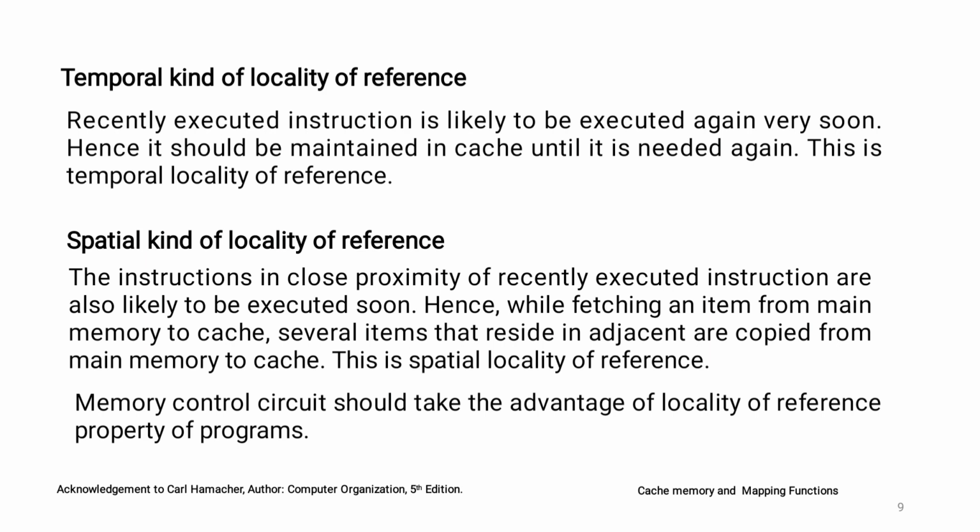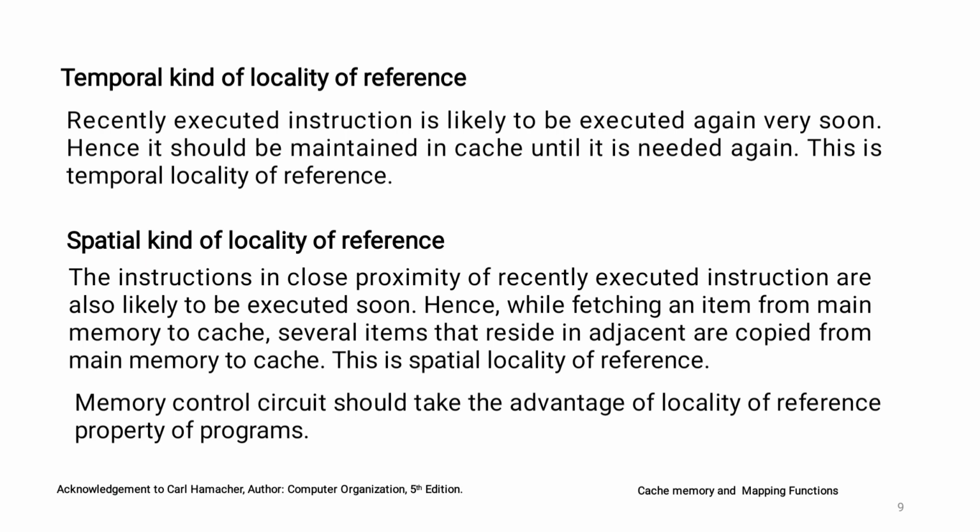So, temporal kind of locality of reference, spatial kind of locality of reference. This is what I just explained. A recently executed instruction is likely to be executed again very soon. Hence it should be maintained in cache once brought, until it is needed again. This is called temporal locality of reference.